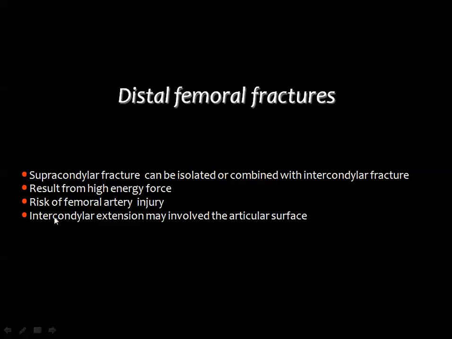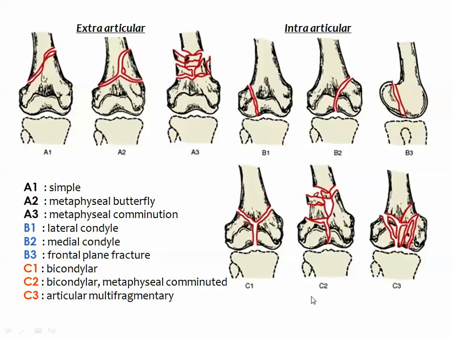There is a risk of femoral artery injury, and the fracture may extend to involve the articular surface. And you remember, this is one of the bad issues concerning any fracture, is its extension to the articular surface. And extra-articular fractures like this are type A1, A2, and A3, simple or branching or comminuted.